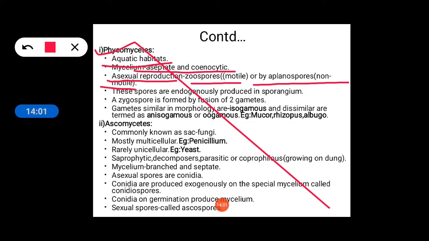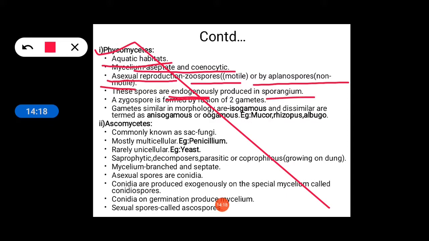The spores are endogenously produced in the sporangium, which means inside the sporangium.